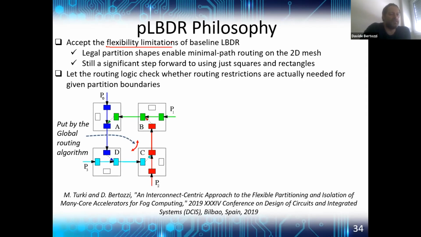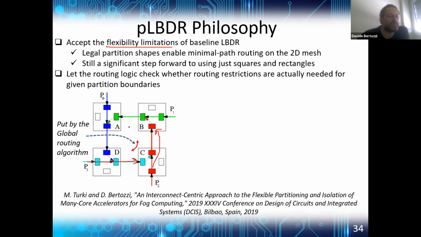Moreover, the key intuition is the following. So this is the example of a deadlock condition. The blue packet wants to turn east, but it can't, because this path is already allocated by this packet that wants to turn north, but it can't, because this path is already allocated by the red packet, and so on. There is a cyclic dependency, and in the end, the traffic is blocked.